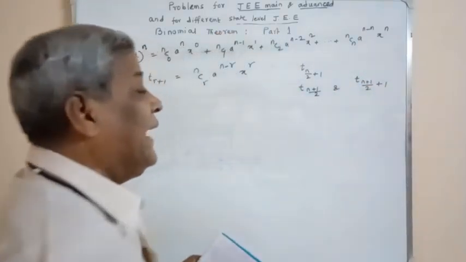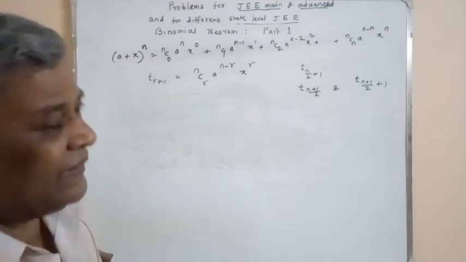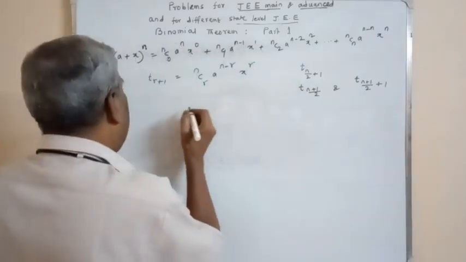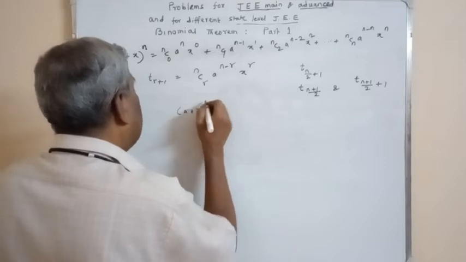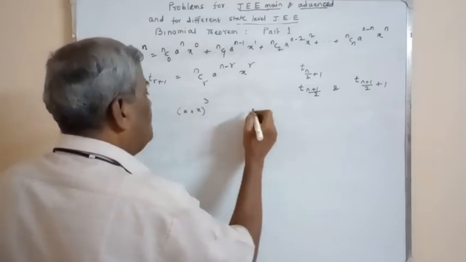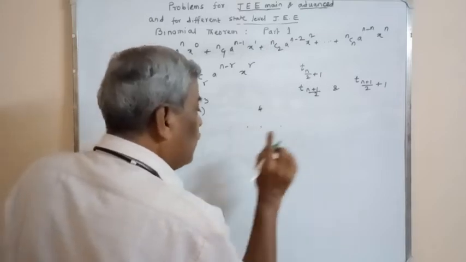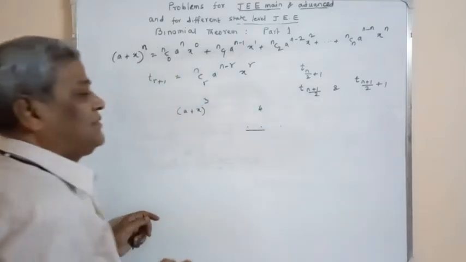In that case, when n is odd, it has two middle terms. For example, (a + x)^3 has four terms, 1, 2, 3, 4. It has no single middle term, but two middle terms.